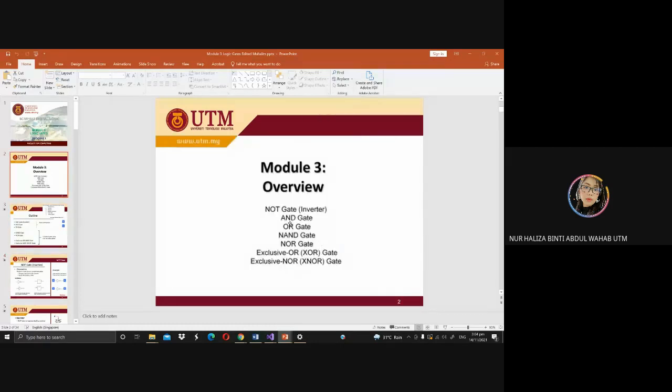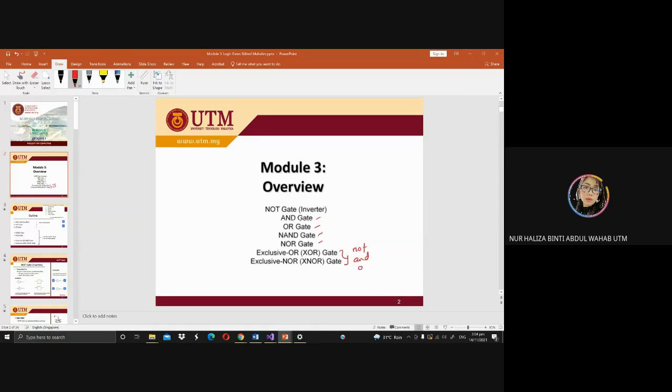Okay, so over here you can see exclusive OR and exclusive NOR are also combinations of two. This one is a combination of two ANDs and OR, but these two are combinations of NOT and AND. So all NOTs are inside. But for this one, it's a combination of two only from basic gates.